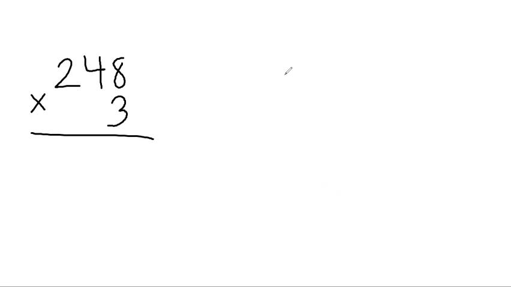Okay, so the first step, we need to break apart 248 into your hundreds, your tens, and your ones. So 248, I have an 8 in the ones, 4 in the tens, and the 4 tens is worth 40, and 2 in the hundreds, so that's worth 200.